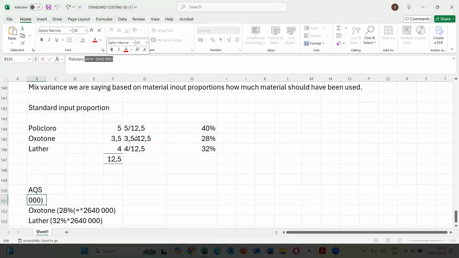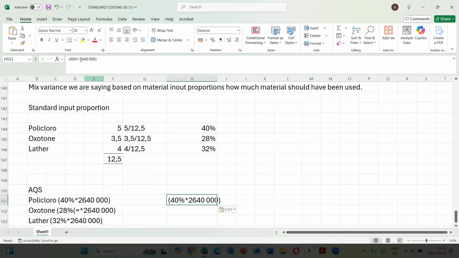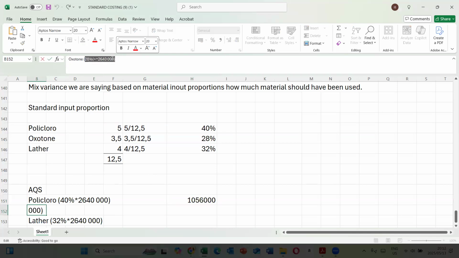So these are our standards. In regards to this, this is what they should have used. You should have used this.